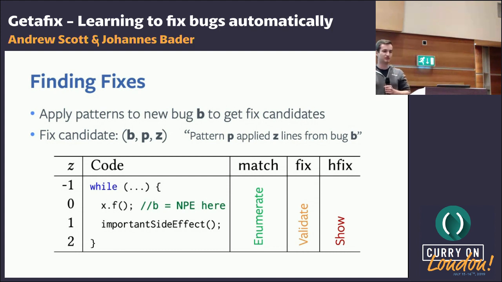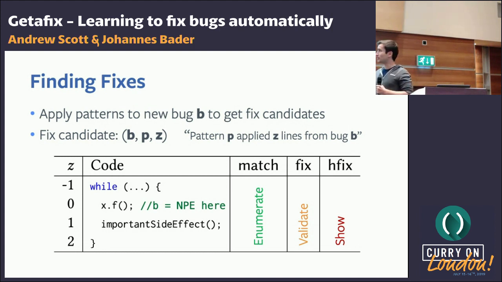While match is just Getafix enumerating fix candidates, which is almost free, and we enumerate thousands of them, fix requires spending CPU cycles, because we're invoking some tool that usually can take from seconds to minutes to run and complete. And hfix is the most expensive one because it requires human resources. Only a human can ultimately decide if this looks like a human fix that they are happy to accept into their code base or not.